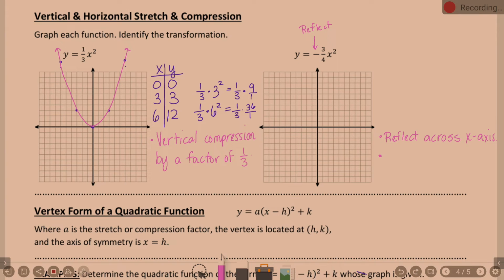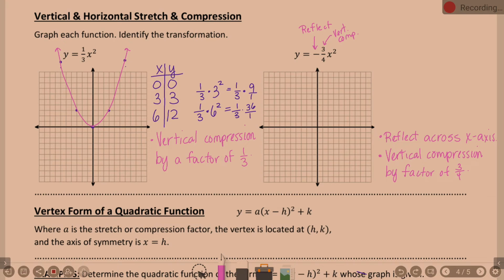Vertical compression by a factor of not -3/4, but just 3/4, because that negative was my reflection indicator. Okay? So this is a vertical compression by a factor of 3/4.